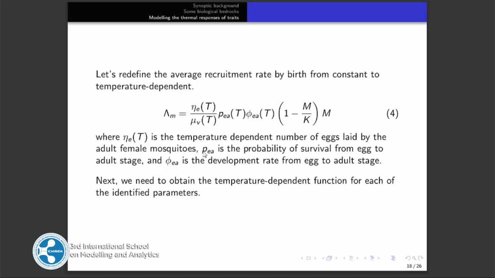Then we have the development rate from egg to adult stage, and that happens in time, right? But we have made it now a function of temperature. Then this is the logistic part of it, owing to the fact that we have limited breeding sites.